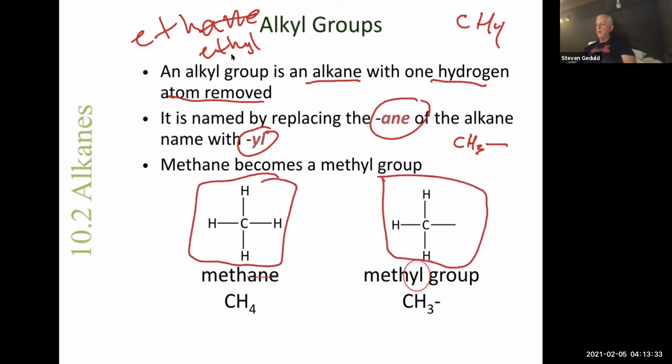We drop one of the hydrogens. So now this can attach to a carbon chain, and it becomes methyl. We drop the ANE, we add YL. And we drop one of the hydrogens for our group. And the number of carbons in that attachment is going to be represented by the name from the chart: methane, ethane, propane, butane, pentane, etc.